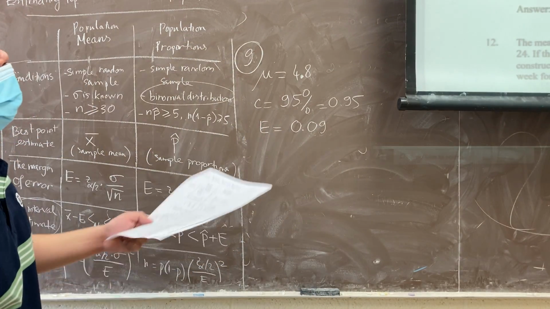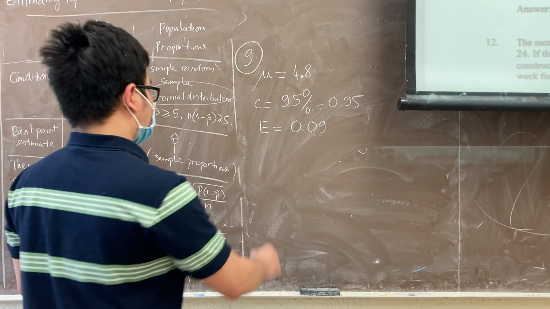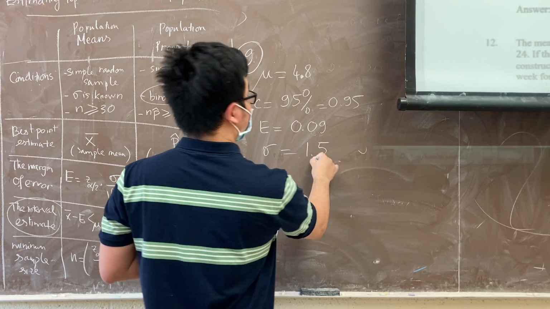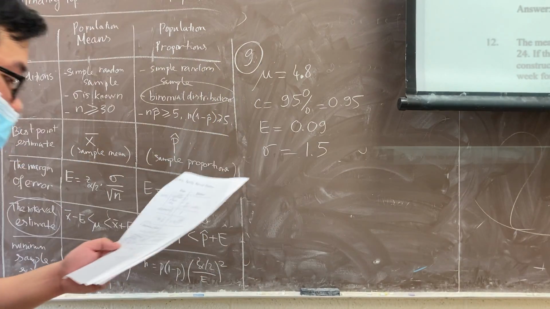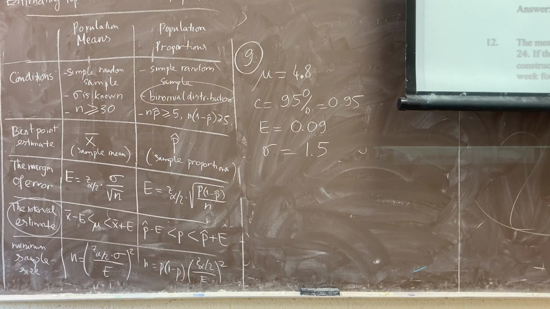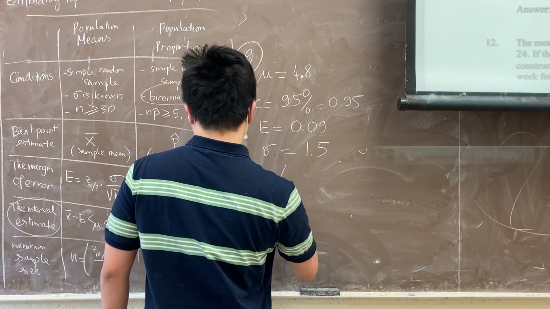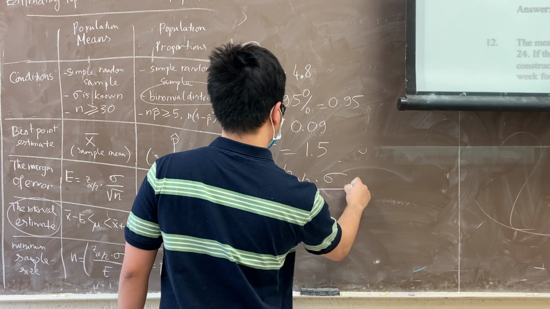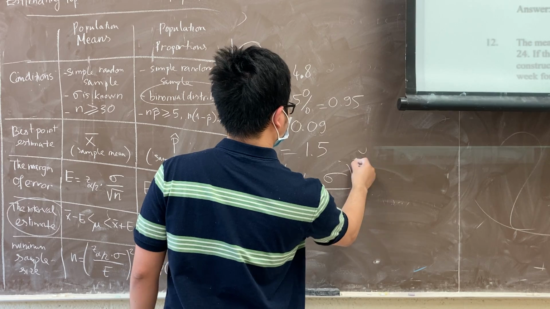And they give you the standard deviation, 1.5, right? And they ask you to find the minimum sample size to estimate the population mean. So we will use this formula: n is equal to z alpha over 2 times sigma over E, squared.